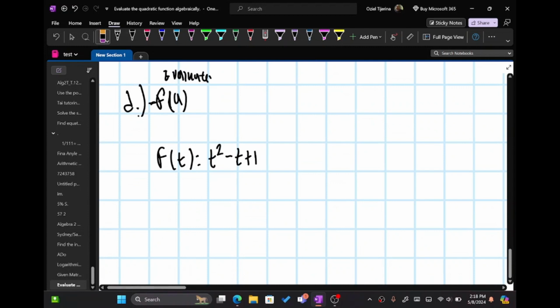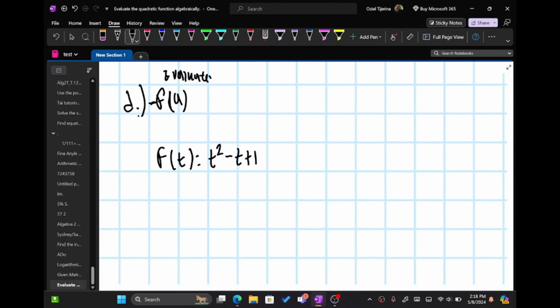And so negative f of a is therefore going to be negative, and you want to make sure that you do parentheses, a squared minus a plus 1.